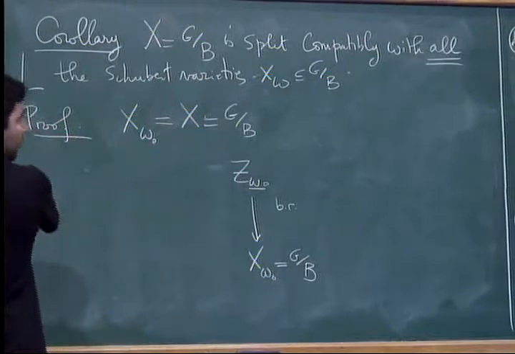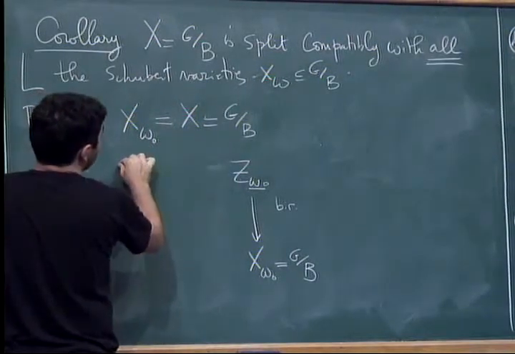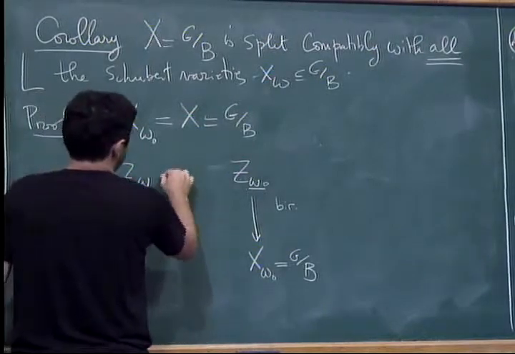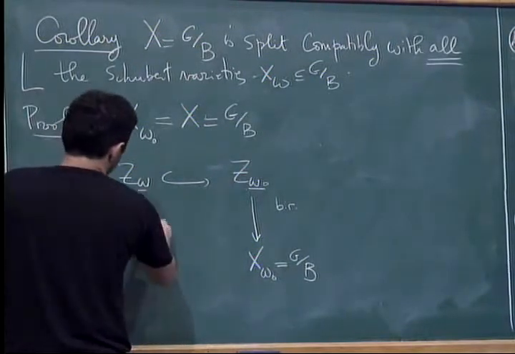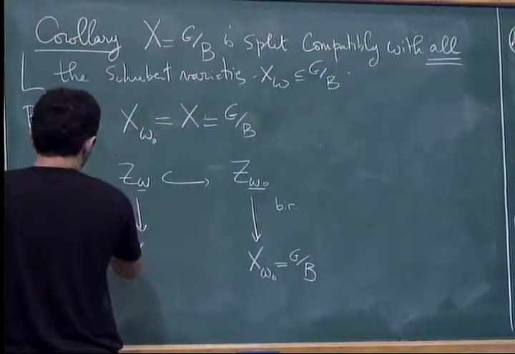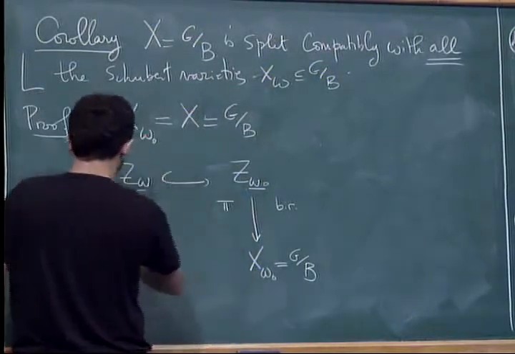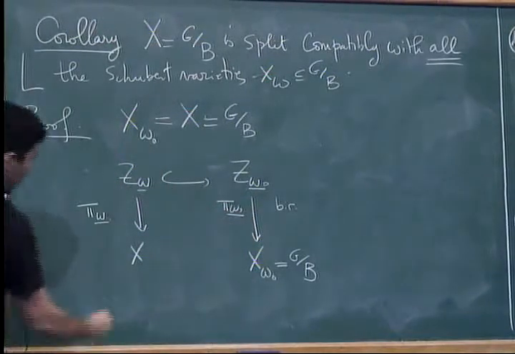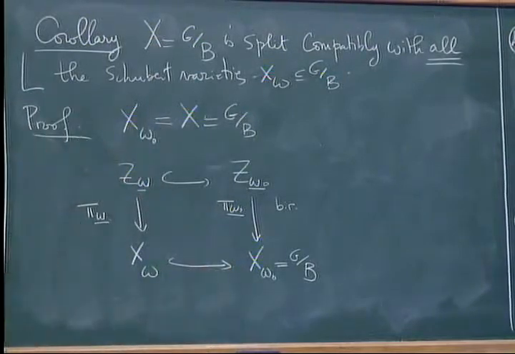From the second or third point, I don't remember, we know that Z omega embeds into Z omega node. We have a map pi omega node, and this one is pi omega, sorry. You can check this is really a commutative diagram.